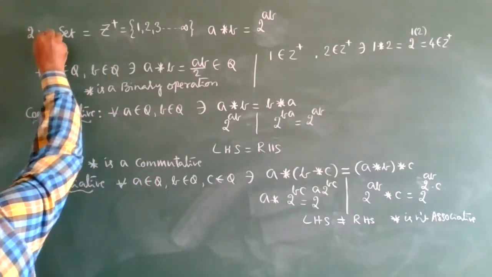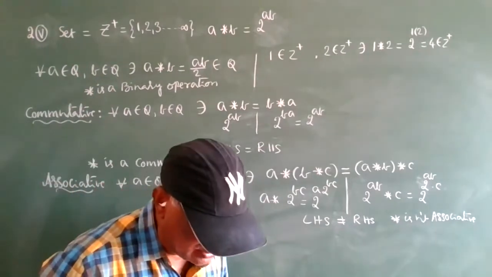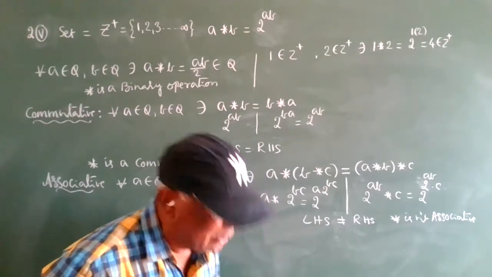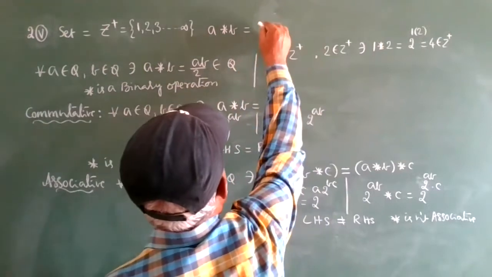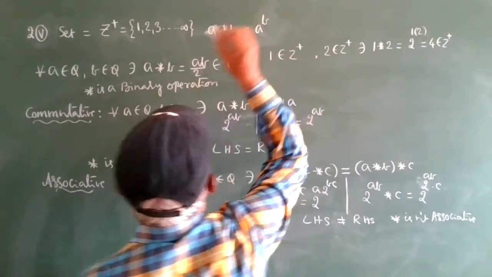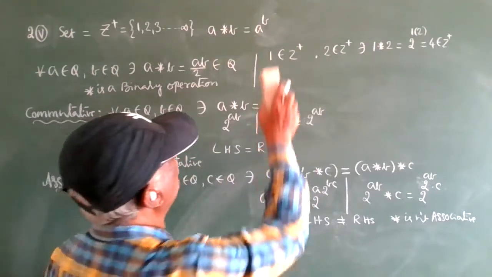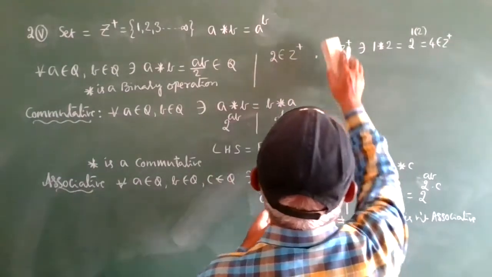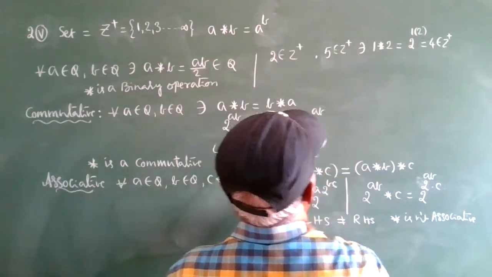Fifth bit, the set is Z plus only, and A star B is equal to A power of B, first element to the power of second element. First see, 2 belongs to Z plus, 3 belongs to Z plus, 5 belongs to Z plus.